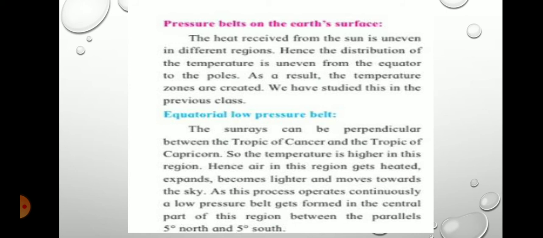As this process operates continuously, a low pressure belt gets formed in the central part of this region between the parallels 5° north and 5° south.